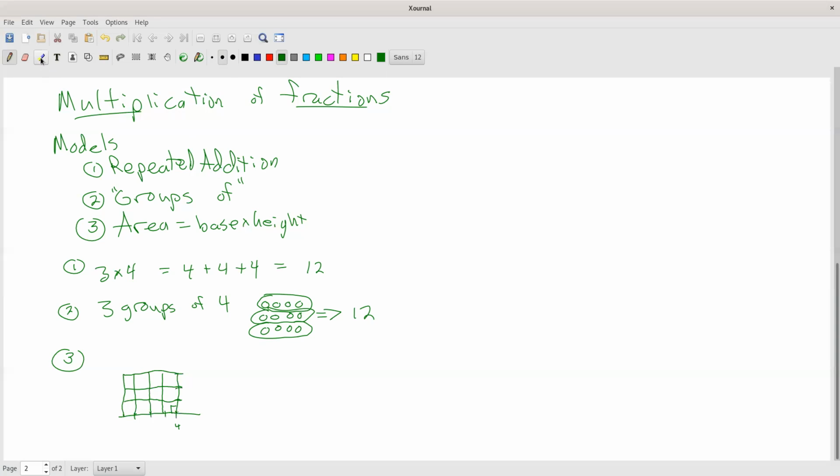Come on, my pen is refusing to work. There we go. So this area in here is 12, because I have a base of 3 with a, oh, I did it backwards, didn't I? I did a base of 4 times a height of 3.